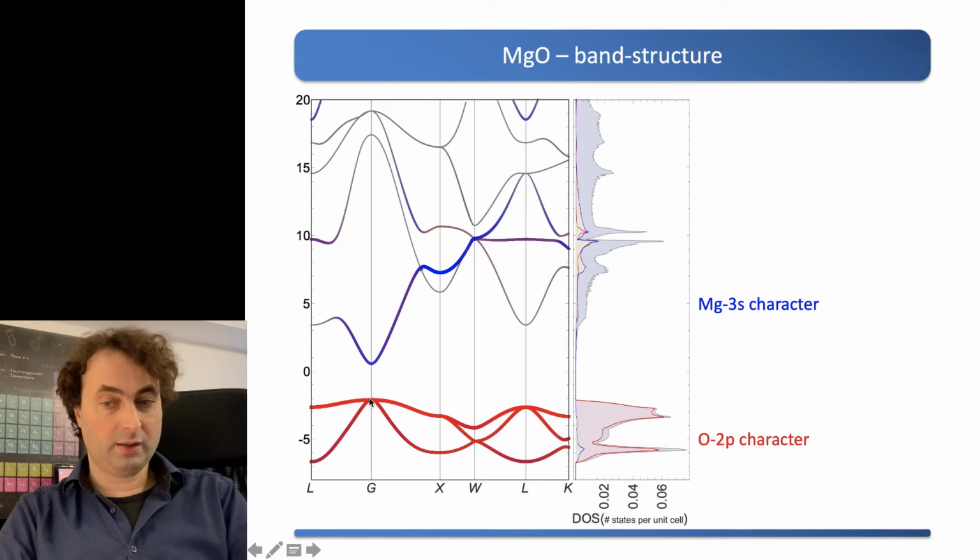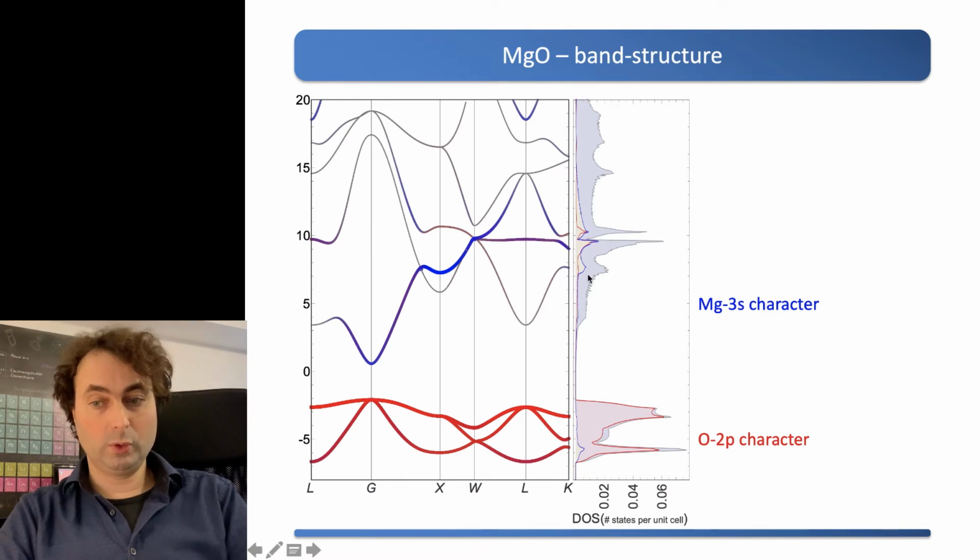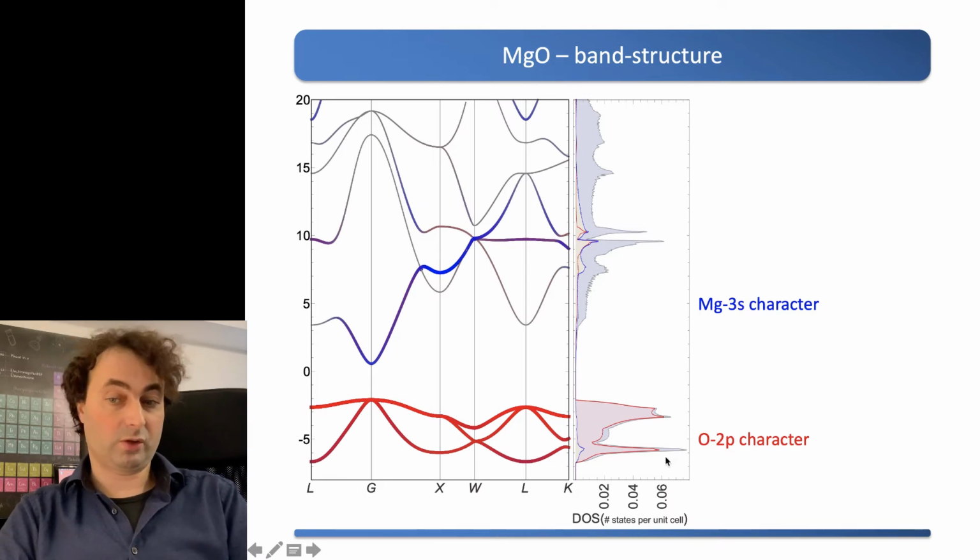So here we see the band structure. I turned the oxygen 2p character red, the manganese 3s character blue, and we also see the total density of states and partial densities of states: the total density of states in gray, the oxygen 2p density of states in red, and the manganese 3s density of states in blue.